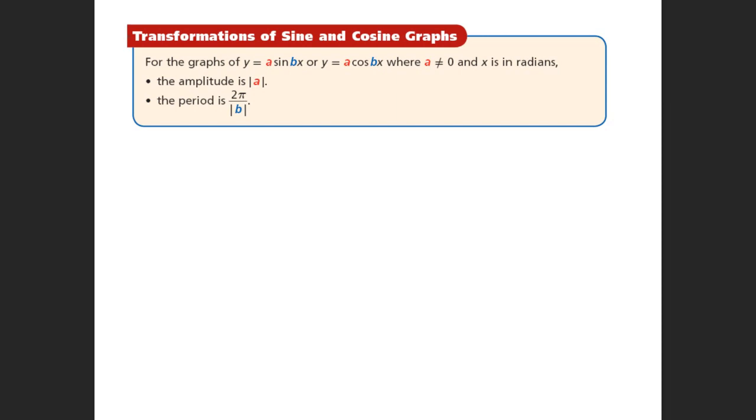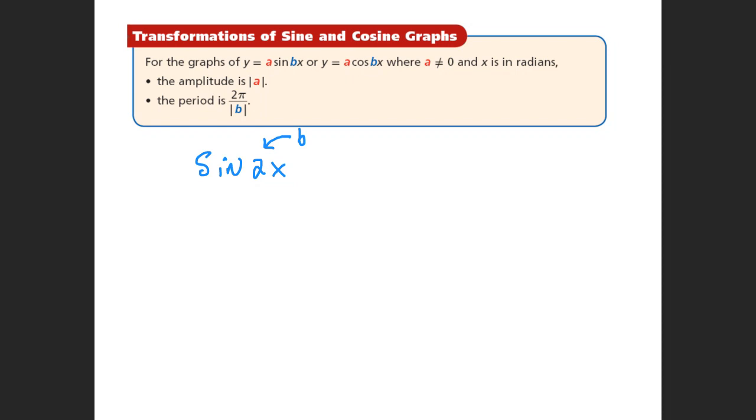So if I gave you this function right here, sine of 2x, and I asked you, what is the period of that graph? The number in front of the x is called the b value. Why do they call it the b value? I have no idea, but that's the b value. How do you find the period of this graph?